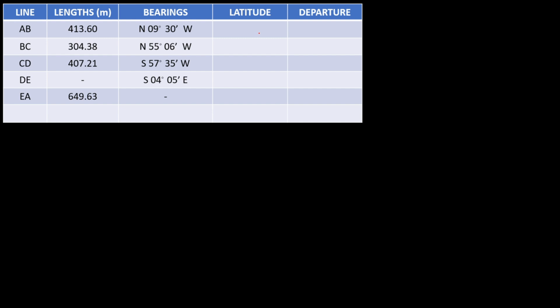Gamit na lang kayo ng calculator, yung mode complex, tapos A, delta, B. Mode, tapos complex na lang kayo. Lagay nyo yung length 13.60, and then 9 degrees, tapos 30 minutes.